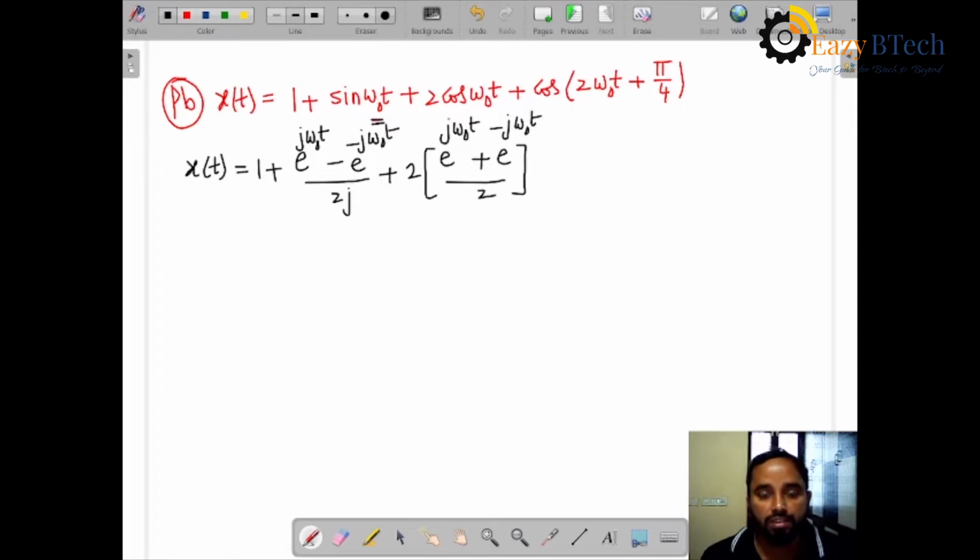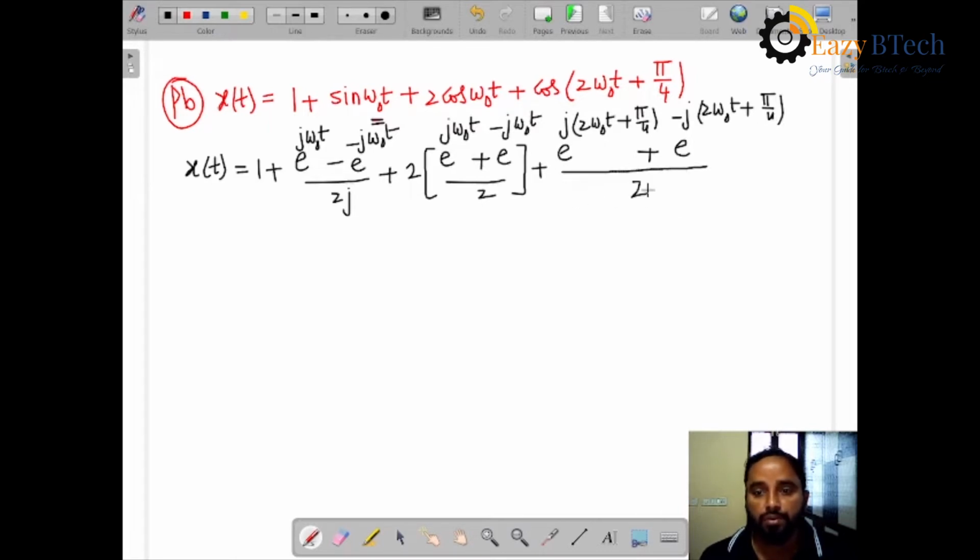And again we have cos theta here: e power j of 2 omega naught t plus pi by 4, plus e power minus j of 2 omega naught t plus pi by 4. This total is divided by 2.